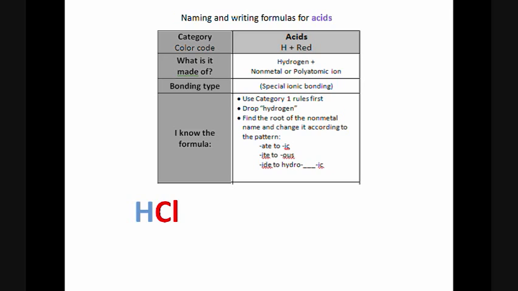Here's an example: HCl. This is a very common acid, and we'll use it in labs and practice problems all semester long. We start by writing its name according to Category 1. That would give us hydrogen chloride. Step 2 says to drop hydrogen, so we're left with just the chloride. Now the special part.